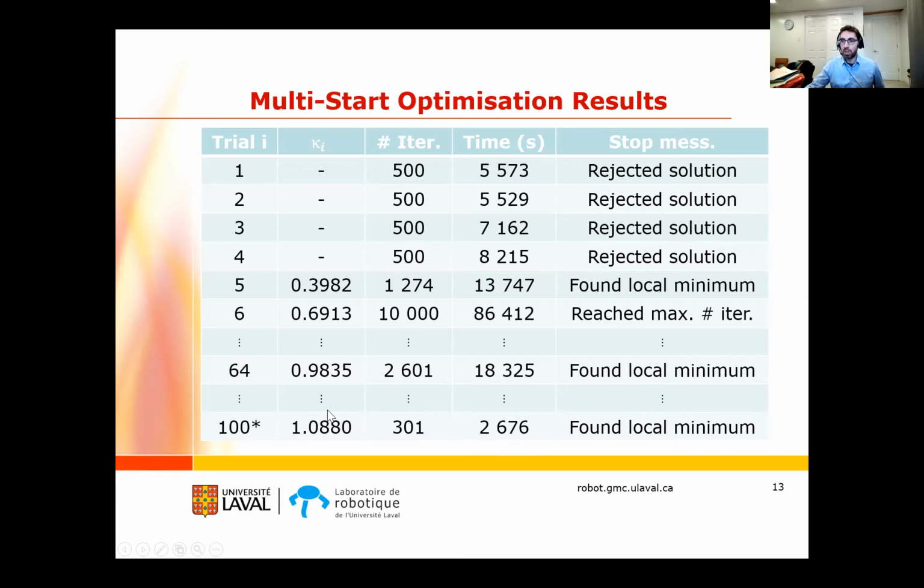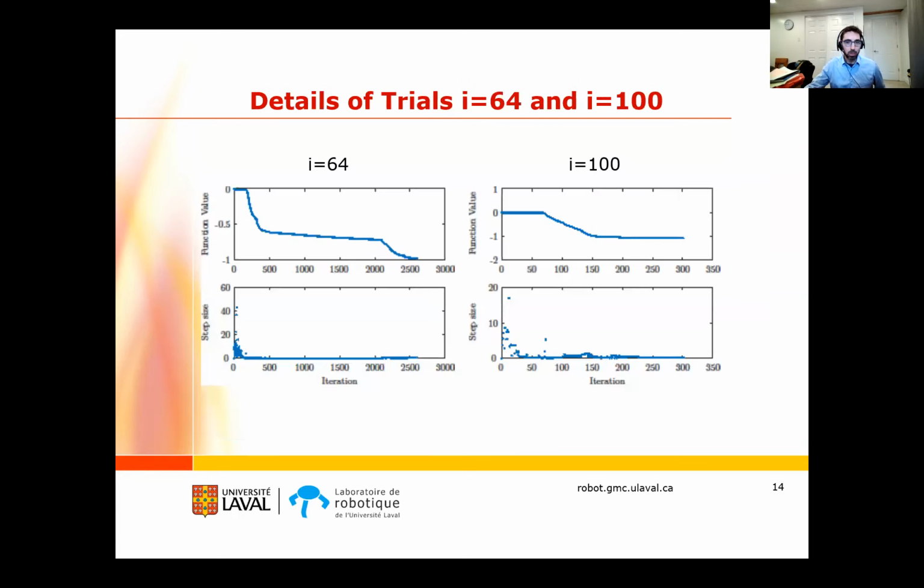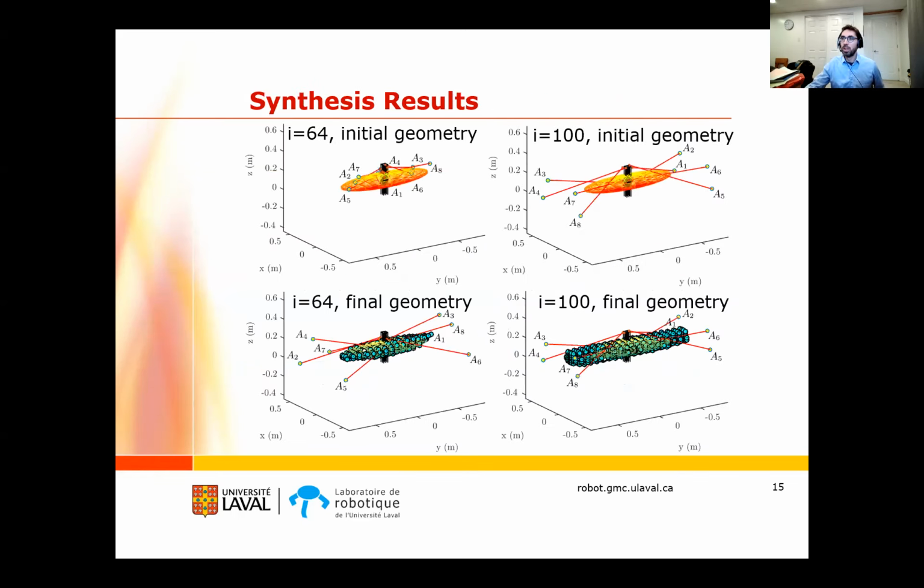So we were still able to get something useful out of the algorithm, although it was not purely random. And that's the type of convergence that we got. Those are trials 64 and 100.